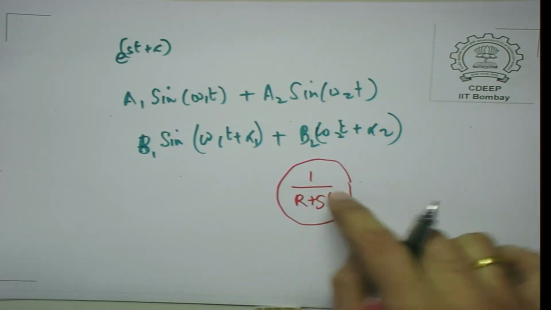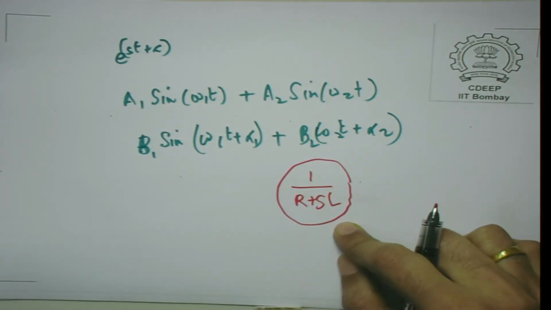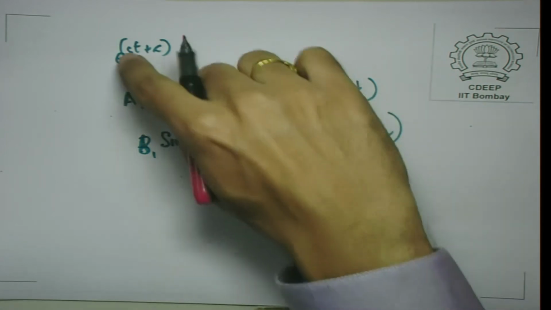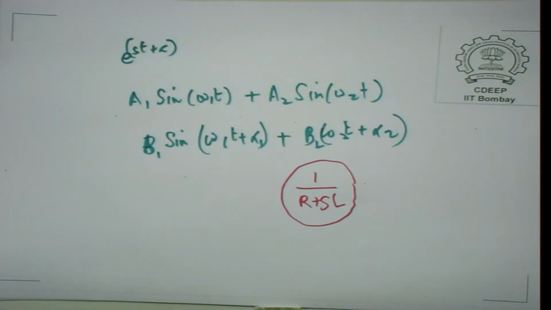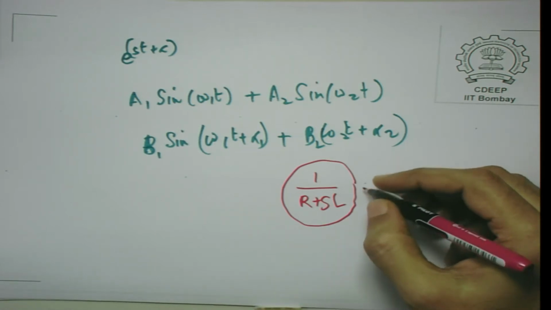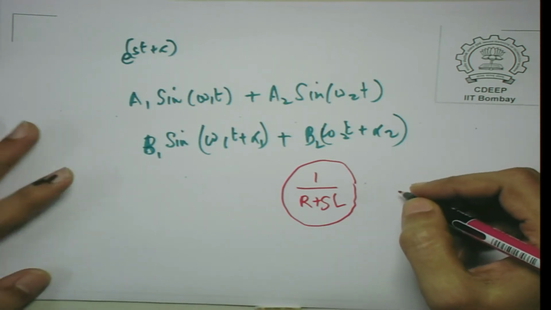So, this factor, which tells you the scaling and possibly the phase shift in case it is a sinusoid in the sinusoidal steady state, can actually be represented by a frequency response.